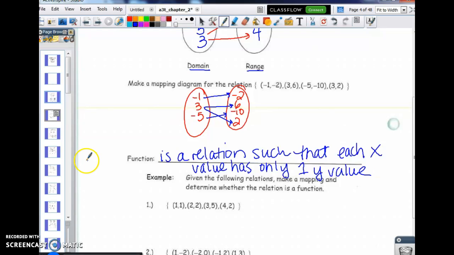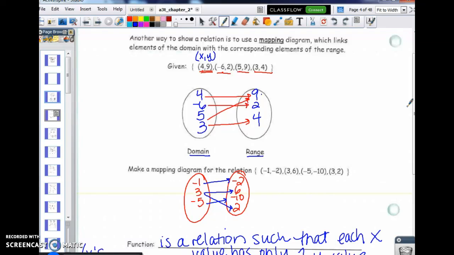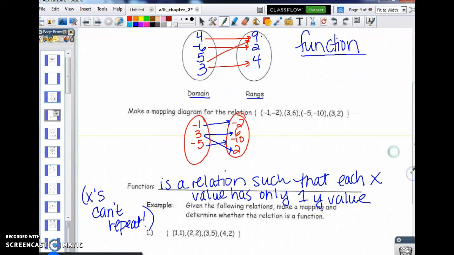This is where we say sometimes our x's can't repeat. If we scroll up and look at our first one here, this is a function. We had y values that repeat, but our x's did not. If we look at the one right below it, we did have x values that repeated, that 3 there, so this is not a function.